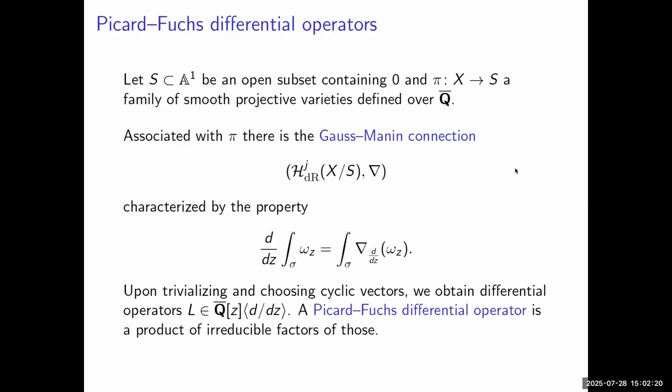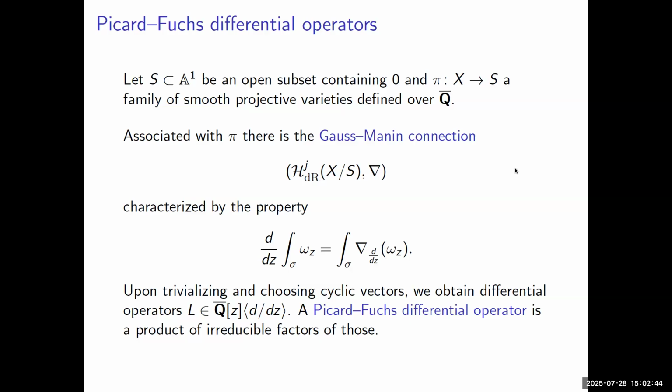And then you get a period function of the variable z. You want to differentiate with respect to z, and you can do this under the integral sign. The Gauss-Manin connection is exactly what you get when you differentiate the differential form with respect to the variable z. Okay? So this is the point of view of a vector bundle with connection. But you can trivialize the vector bundle.